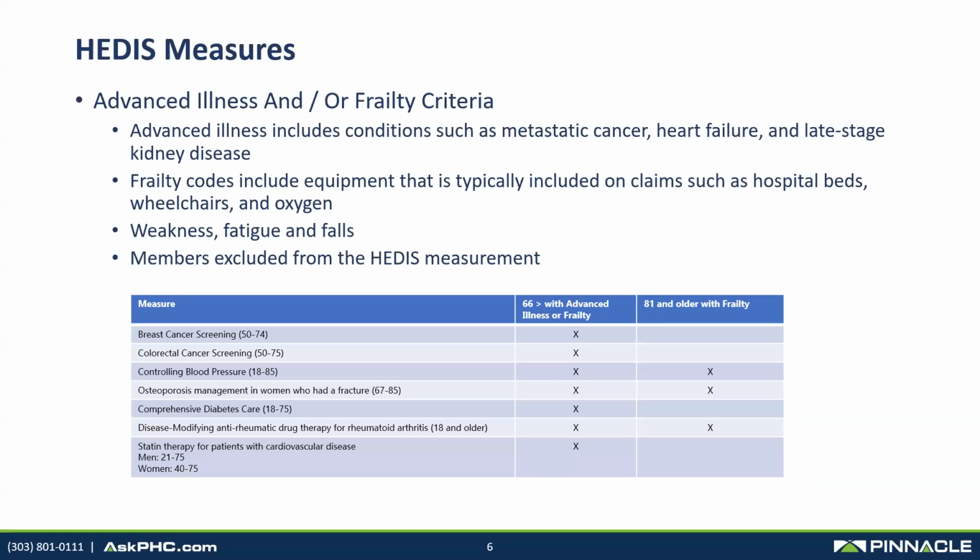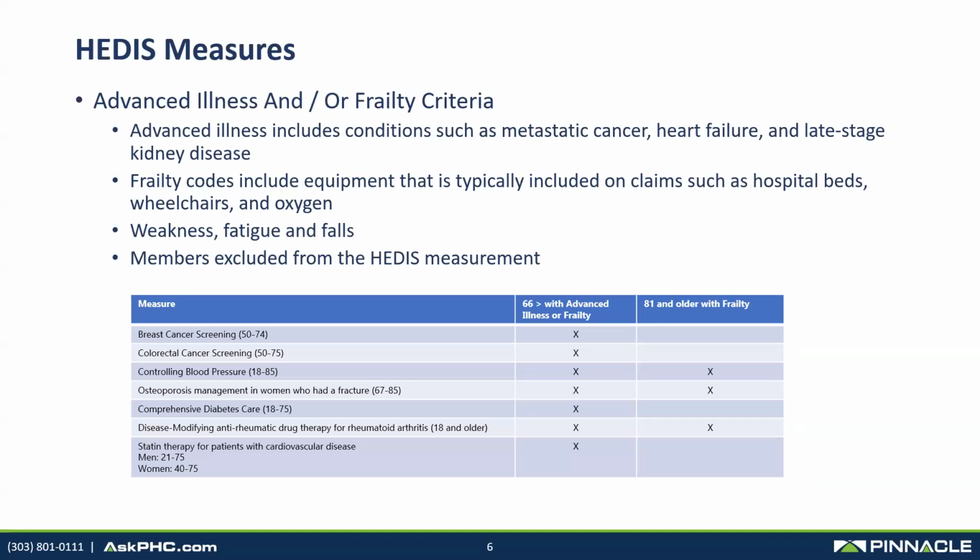Frailty codes are typically included with equipment on claims such as hospital beds, wheelchairs, and oxygen. Documentation of weakness, frequent fatigue, and/or frequent falls can also tip a patient into a frailty category.